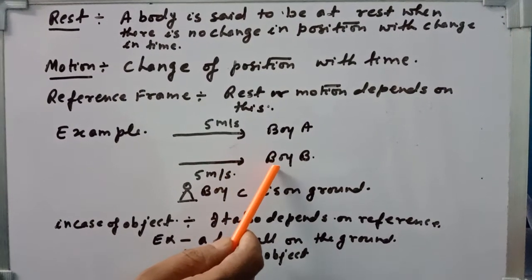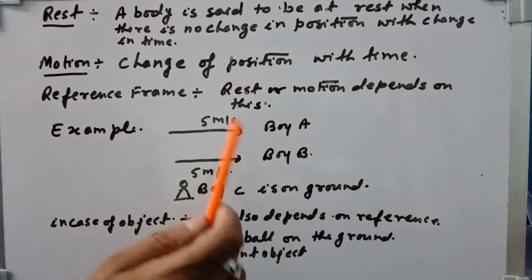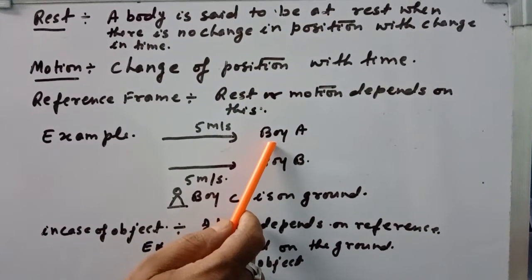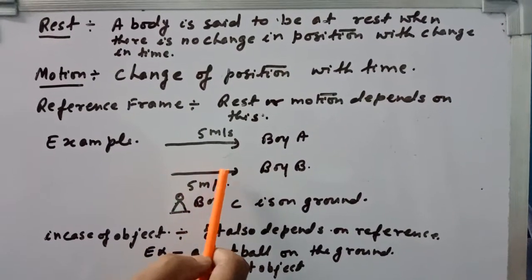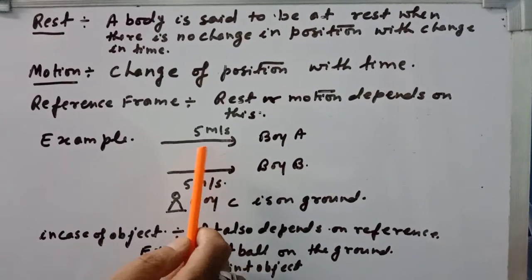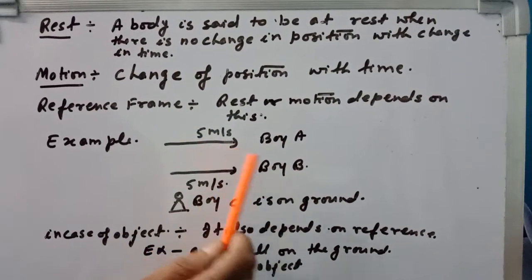Now if boy B observes boy A, then boy A appears to be at rest for boy B. Why? Their directions are the same and the relative speed becomes 0.